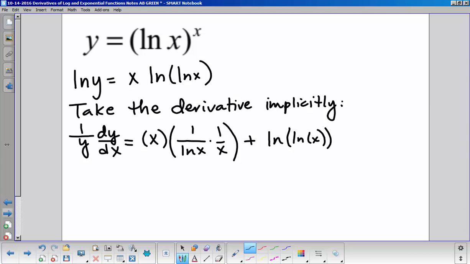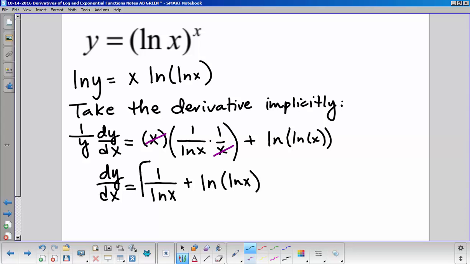Can you see how we can simplify this? Yes, the 1 over x cancels. So dy/dx equals 1 over ln of x plus natural log of the natural log of x, times y.